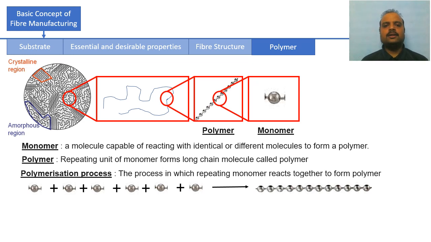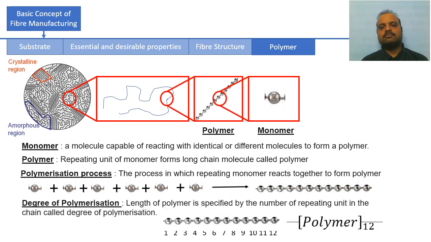There is another interesting terminology called degree of polymerization. Individual polymeric chains, as we know, are made up of joining the monomers together. Here, how many molecules join together to form a single polymeric chain? That number is our degree of polymerization. The length of a polymer is specified by the number of repeating units in a chain.